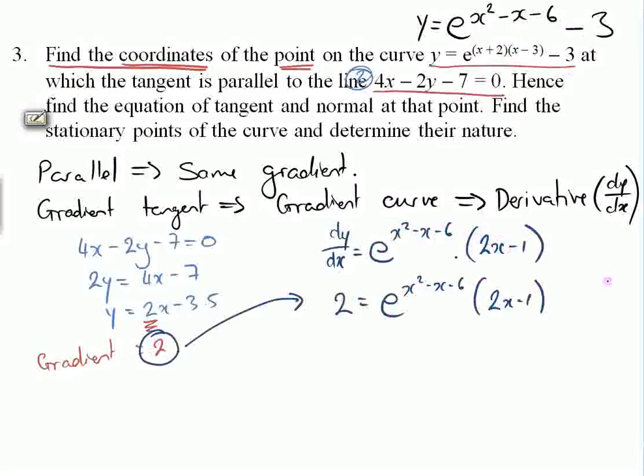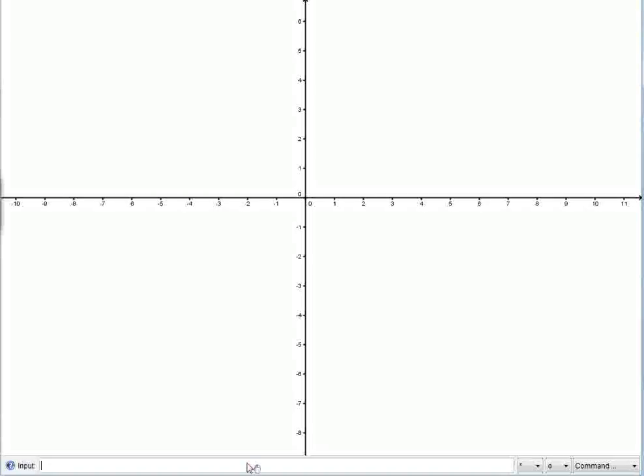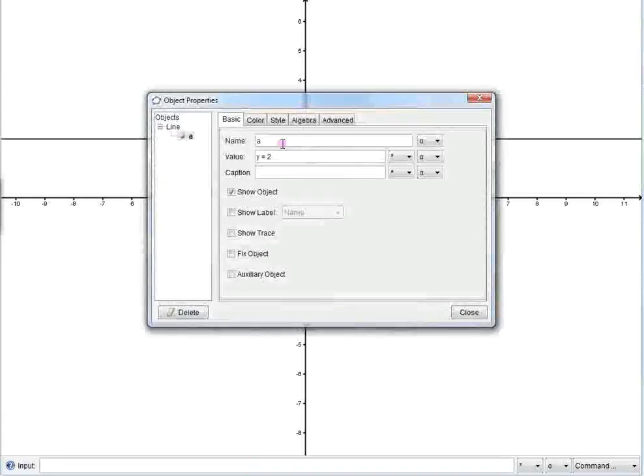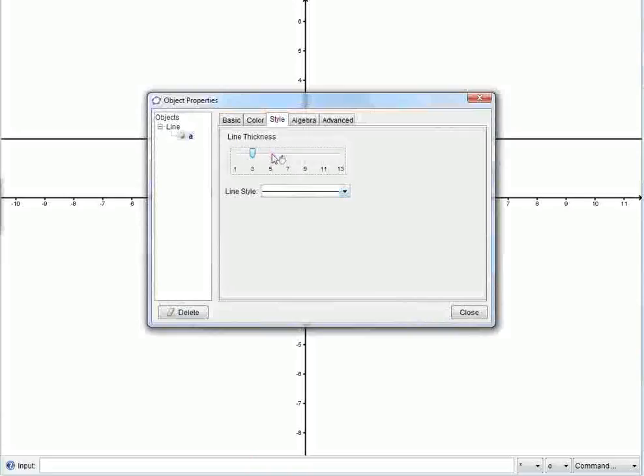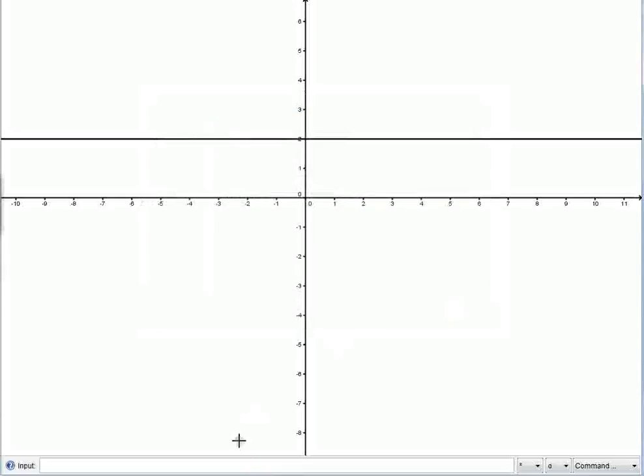We're going to enter this into our graphic calculator, or for me, GeoGebra. So my first one is going to be y equals 2, and this is my first curve, horizontally across the screen. Let me make it a little bigger for you guys. Style, make it size 5. Okay, now you can see it.